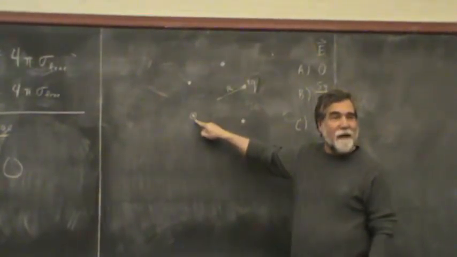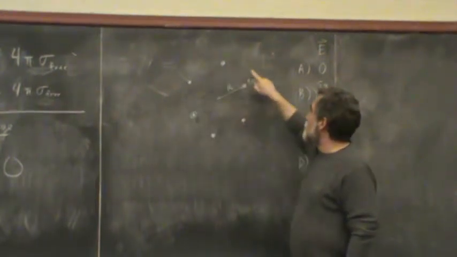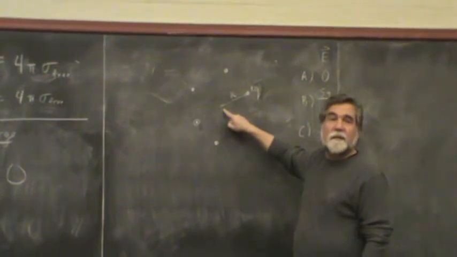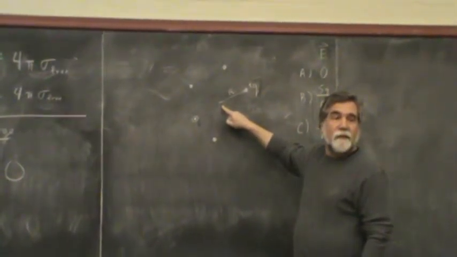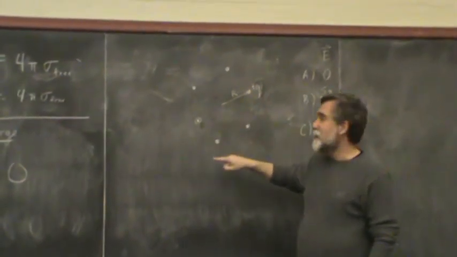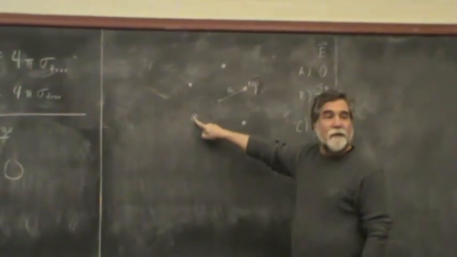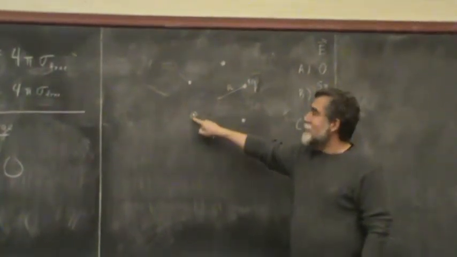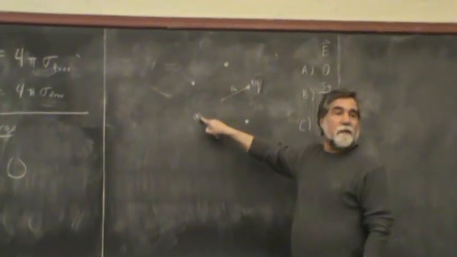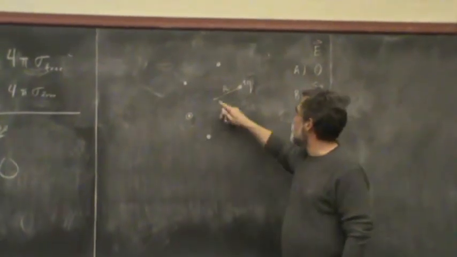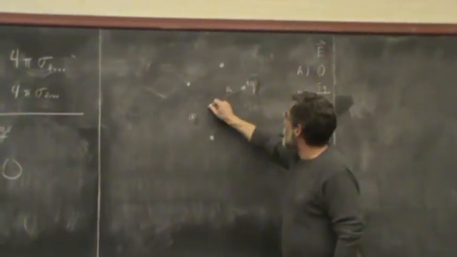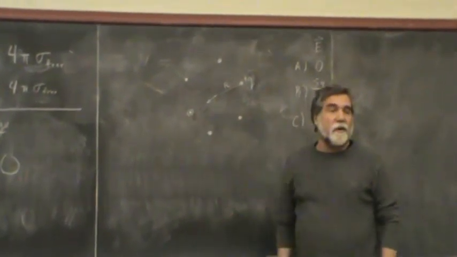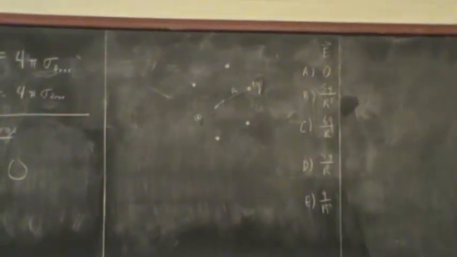You can conceive of it that way, which add up to nothing. The sum of the 6 charges is 0 at the center. The field due to the 6 charges is 0 at the center. And then what's left over is the negative charge that canceled this one here. So the field points that way, and it's the field due to one negative charge sitting there.